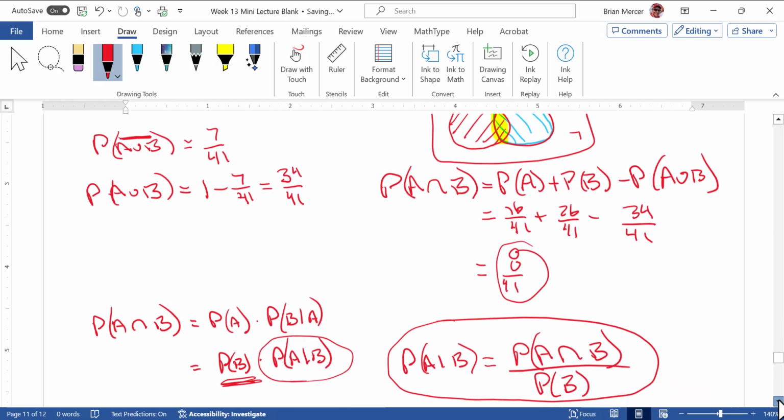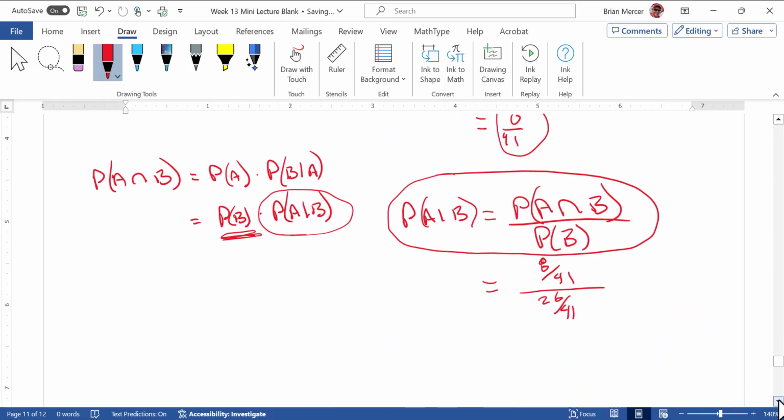So now we're just dividing those fractions, and we need to remember something useful about dividing fractions. That means we go 8 out of 41 times 41 out of 26, as in multiply by the reciprocal. So that's 8 out of 26, which reduces to 4 out of 13.